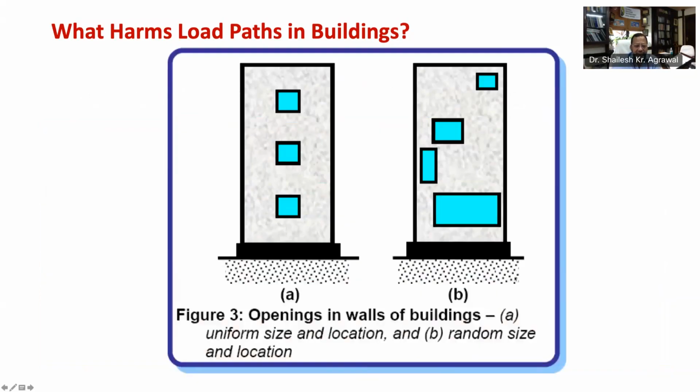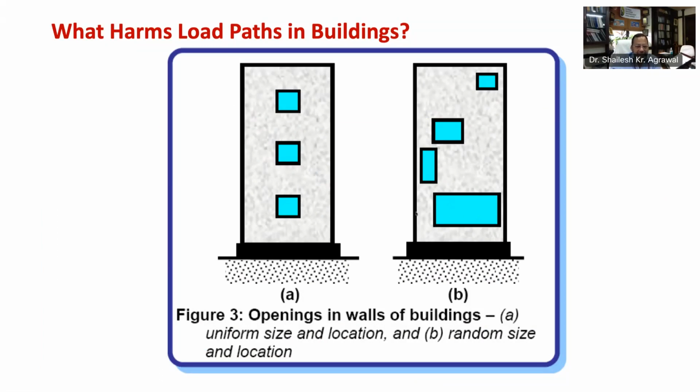Now let's look at this figure number 3, which explains the situations when departure occurs from these desirable features. Large or irregular openings: as you can see in figure 3, walls with smaller and uniform openings behave better, whereas shear walls with large and random openings, as you see in this figure 3b, have multiple load paths, and each of those has long detours.